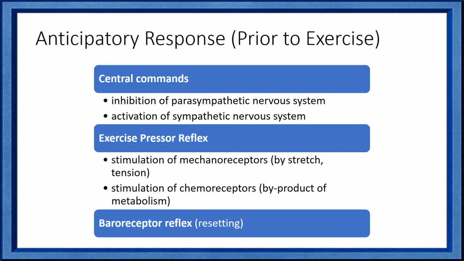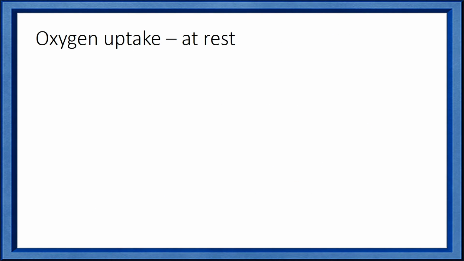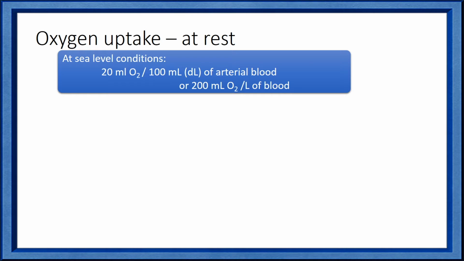Aerobic exercise depends on how much oxygen can be delivered by the cardiovascular system and extracted by the working muscles. This is known as oxygen consumption or oxygen uptake. Under normal condition, at sea level, each 100 ml of arterial blood carries 20 ml of oxygen, so that 1 liter of blood carries about 200 ml of oxygen.